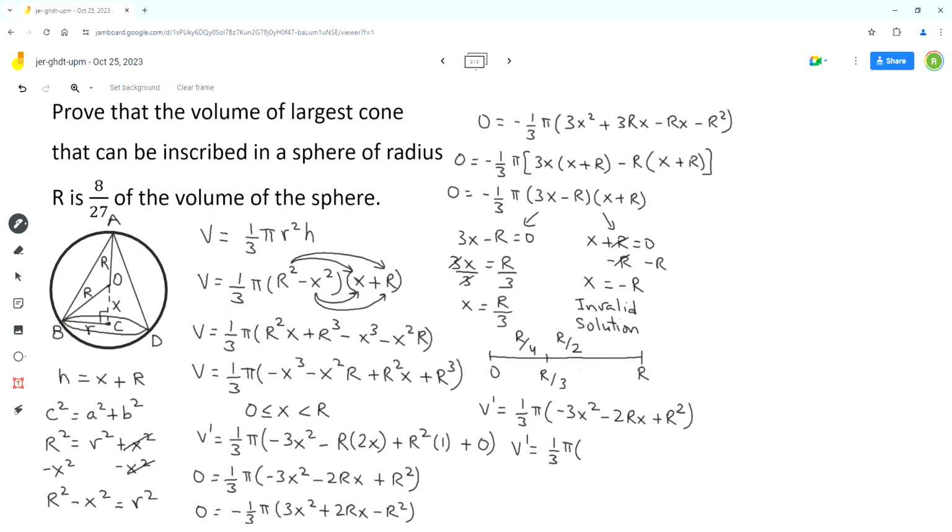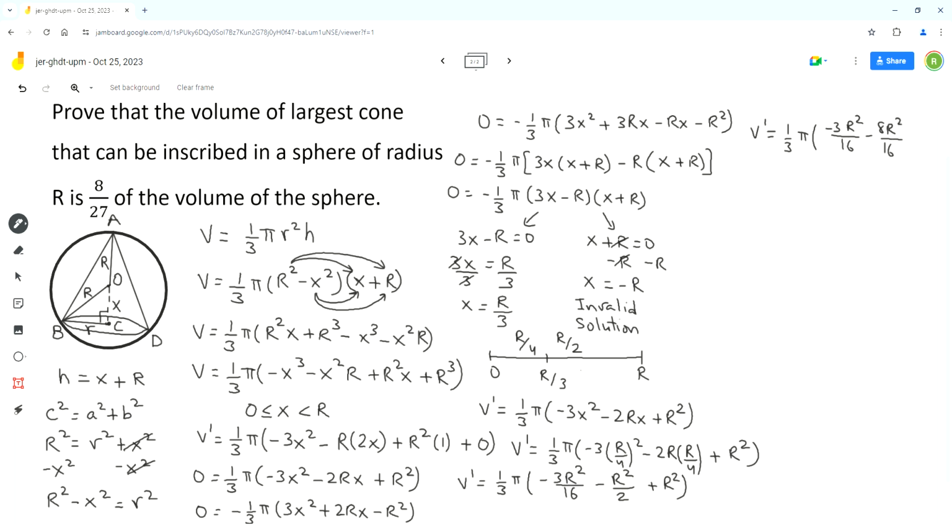Now we can sub in x as r over 4. So I found a common denominator so that we can combine these fractions.